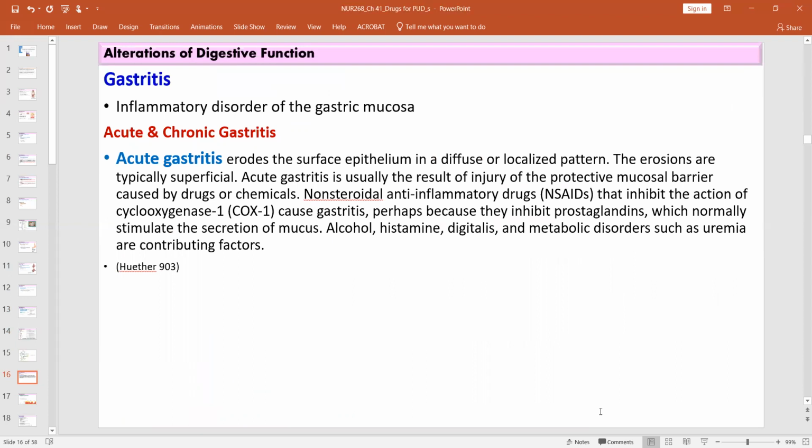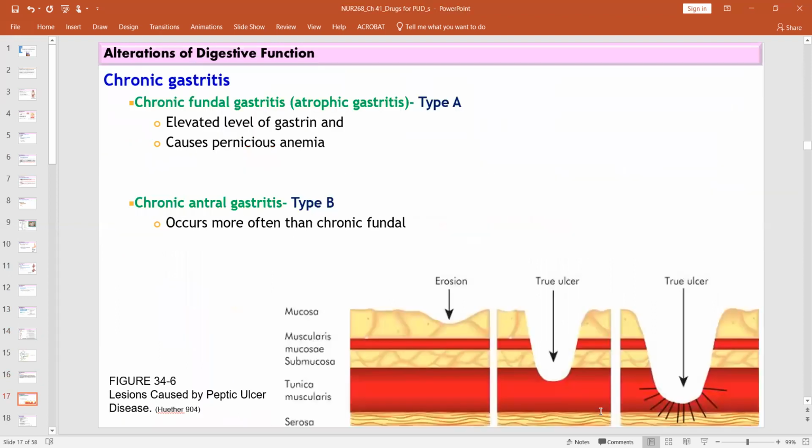Acute and chronic gastritis. So chronic gastritis is when there is an elevated level of gastrin.